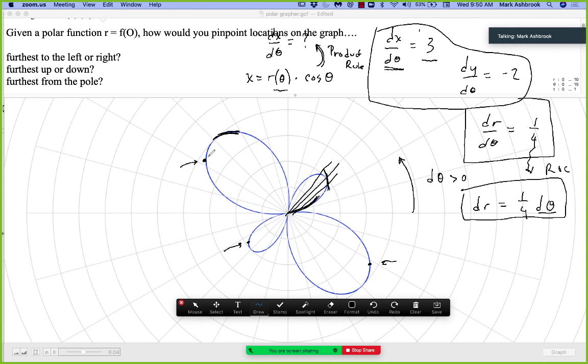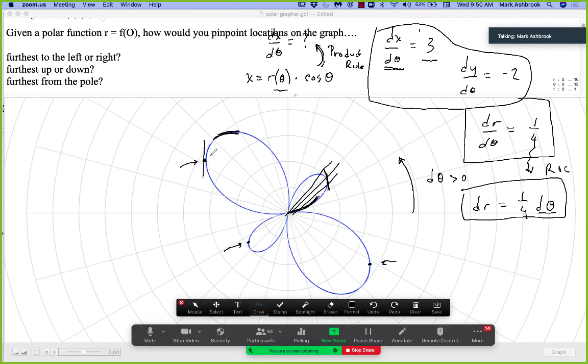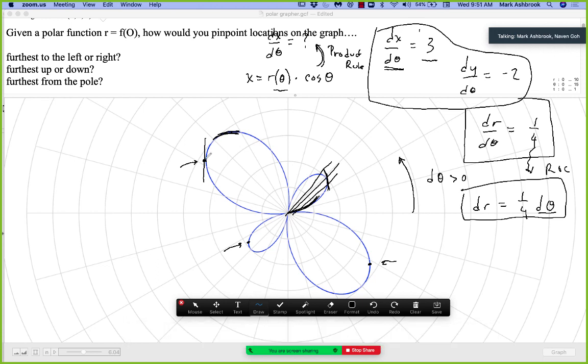For a change in theta, x doesn't change, so we're kind of heading vertical for a moment there. Right at that moment where theta is changing, x is not changing, only y is changing. We're only going up and down and not left and right. So local leftmost and rightmost points are where dx d theta is 0.